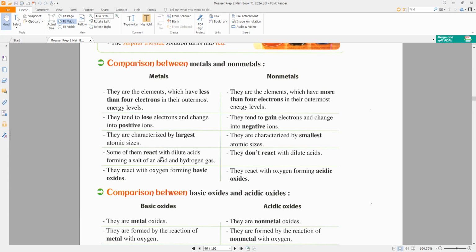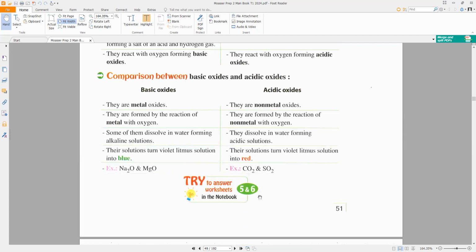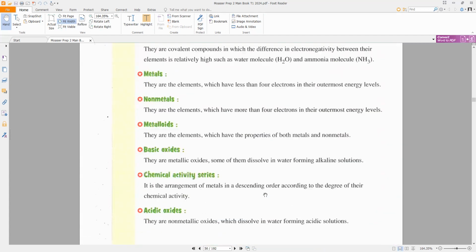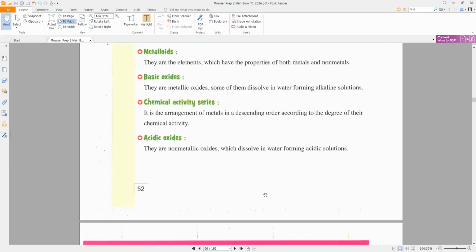The metal reacts with dilute acid. Non-metal doesn't react with dilute acid. Metal and non-metal react with oxygen, but the metal forms a basic oxide and basic solution, and the non-metal forms an acidic oxide and acidic solution. This is the difference between metal and non-metal. We will answer some questions.